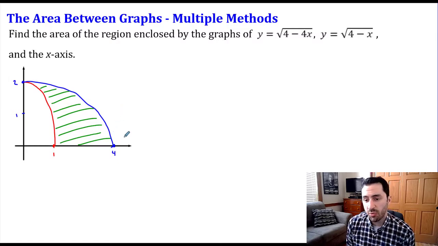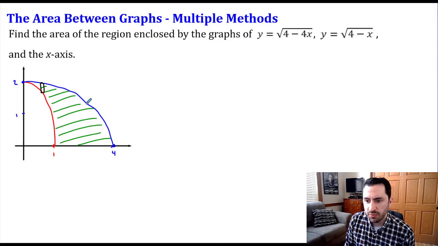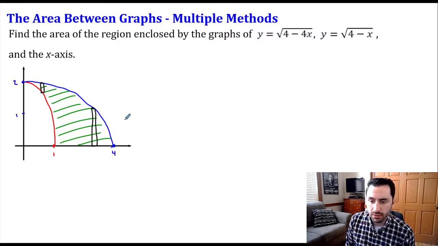So I have a couple ways I can handle this. The first one, let's think about how we would approach this if we were going to partition the x-axis. So our rectangles are going to end up being little vertical rectangles. For example, here we'd have a rectangle that would look something like this. But then further down the line, we have a rectangle here that goes all the way down to the x-axis.